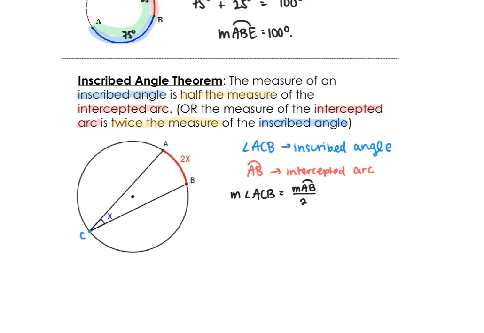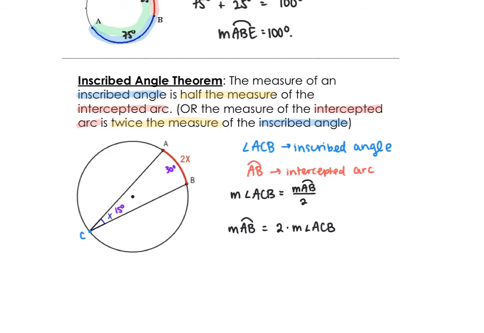Or you can think of it as the intercepted arc is 2 times the measure of the inscribed angle. Putting in numbers, if my angle was 15 degrees, my arc is twice that, which means my arc would be 30 degrees. And you can also reverse it. If my arc is 30, my angle is 15.